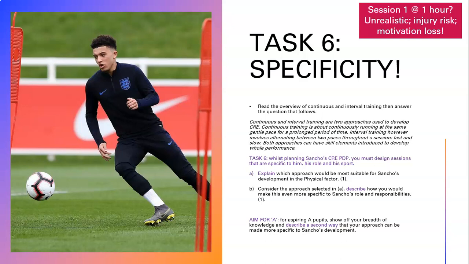And for question B, describe a second way that your approach can be made more specific to Sancho's development. To help you here, look back at the previous slide and consider his role, his responsibilities, and also the sport of football. Pause the slide now, read the task, and have a go at it.